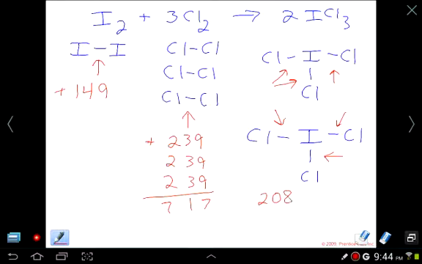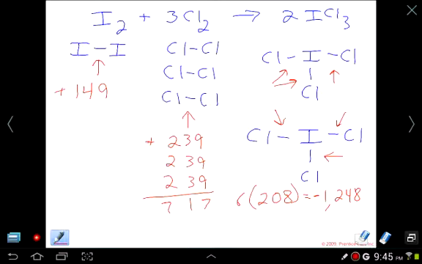So if we multiply 6 by 208, grab your calculator for ease of computation, you get 1,248 kilojoules. Now this value will be negative because we are actually making these bonds. Anytime you make bonds, heat is released.